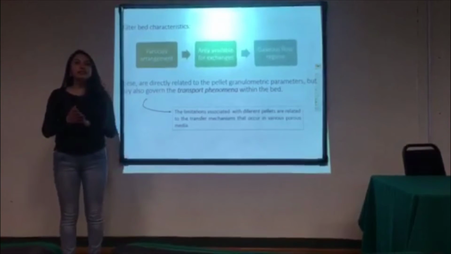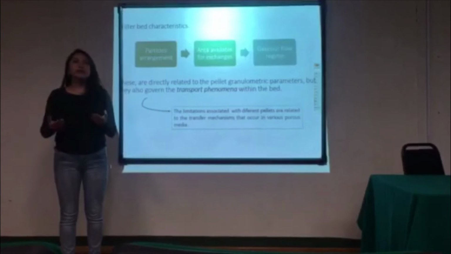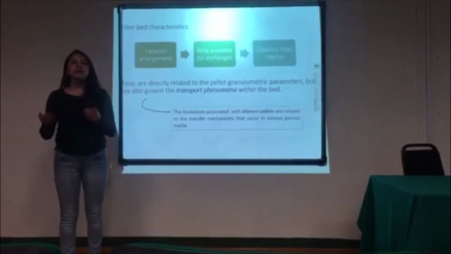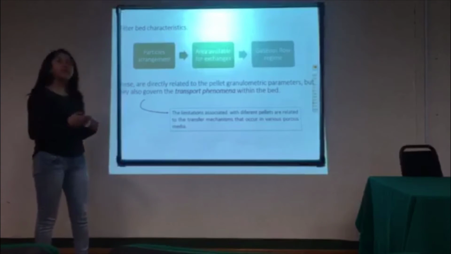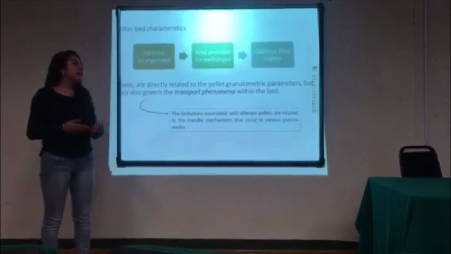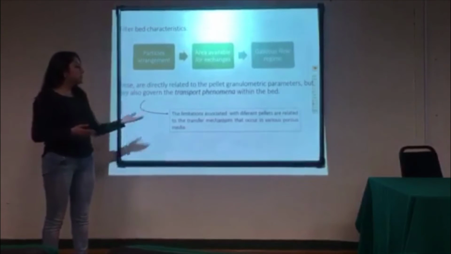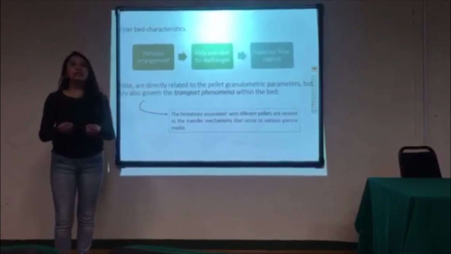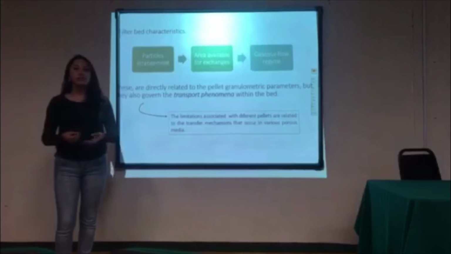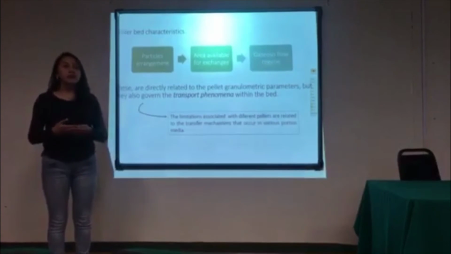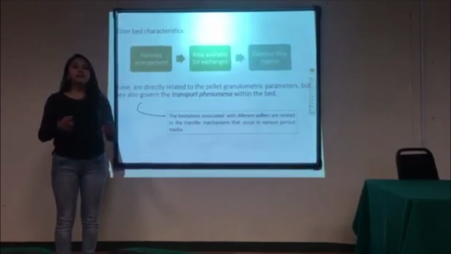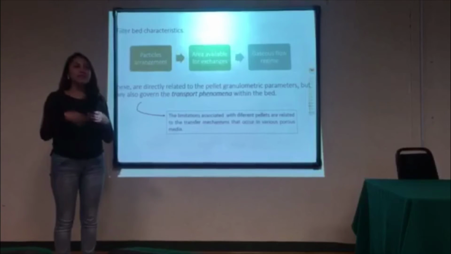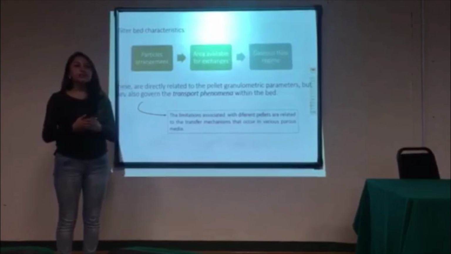These are directly related to the pellet granulometric parameters, which my partners explained to you before, but they also govern the transport phenomena within the bed. The limitations associated with different pellets are related to the transfer mechanisms that occur in various porous media. These transfer mechanisms are several, but mostly we have three types of mass transfer.